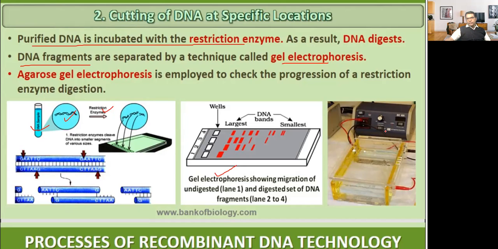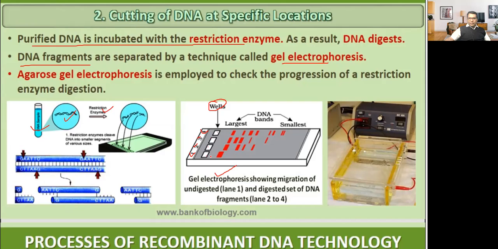So this is agarose gel. Here there are two electrodes, positive anode and cathode. There are some wells, 1, 2, 3, 4 wells. These are the wells. These fragments are loaded into these wells.